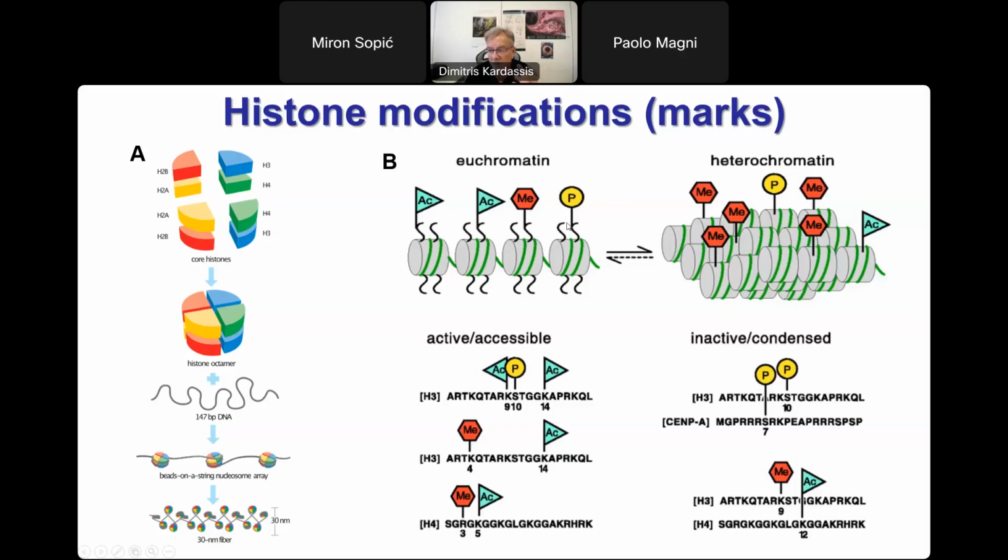And now we have the technology to identify these marks and determine whether the gene is active, or in general, whether the chromatin of a given cell is active or not at any specific time. In order to see what marks are present in histones, we use a technique called chromatin immunoprecipitation that I will discuss in one of the next slides.